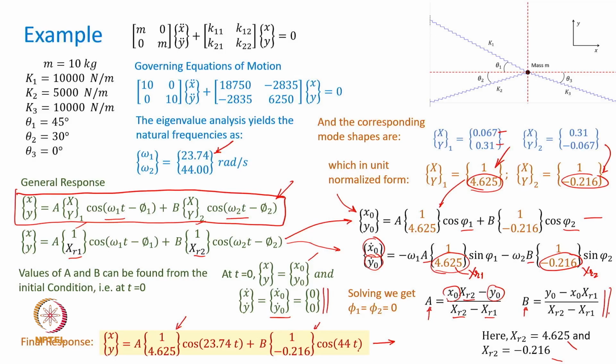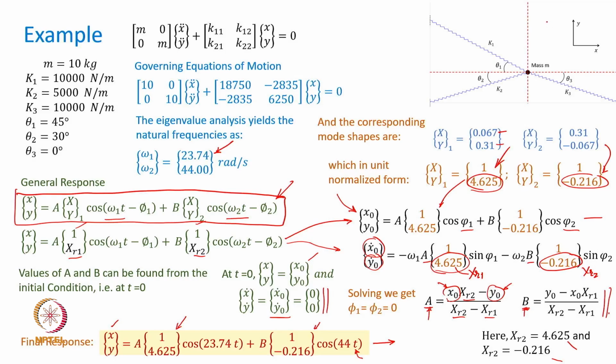So now at any instant of time t, I can get the value of x and y. As the time progresses, I will get the value of x and y, provided I also know what a and b are. That I will know from the initial position, that is x naught and y naught.